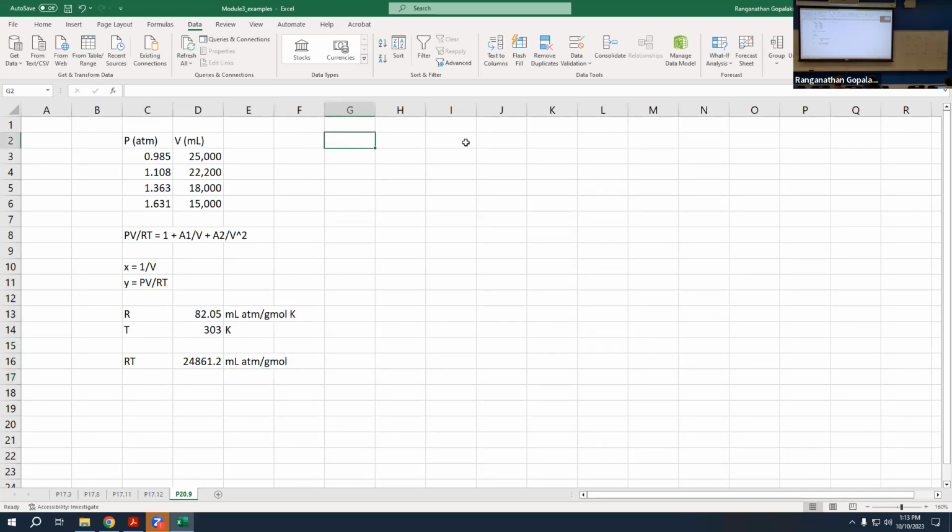So I have to redefine my X, which is 1 over V, and my Y, which is PV over RT. Go ahead, get up to here.